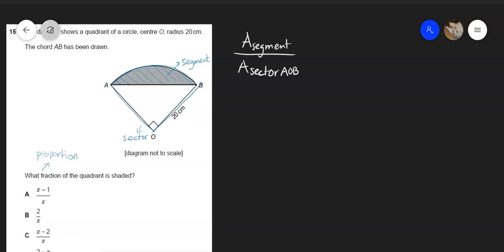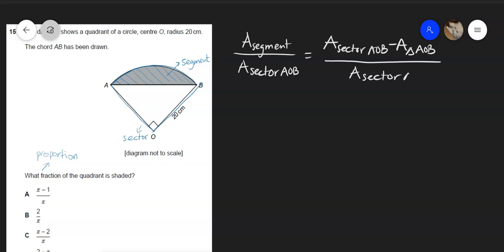The area of the segment is found by taking the area of the sector AOB minus the area of the right triangle AOB, divided by the area of the sector. So this is effectively 1 minus the area of the triangle AOB divided by the area of the sector AOB.